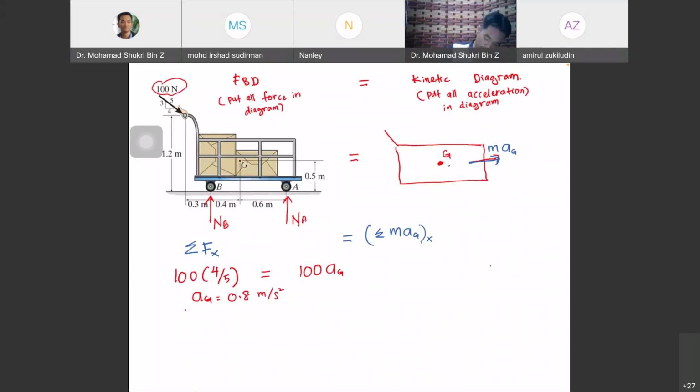Then summation of F equals summation of M A G in the y direction.